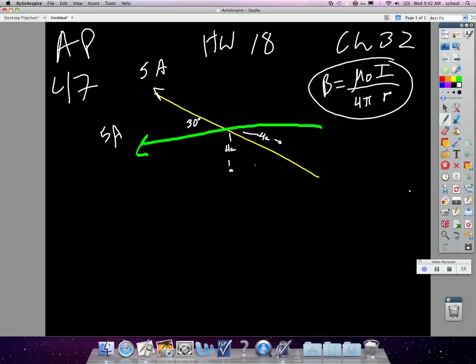So this has to be equally distant from both wires and the intersection. So from here to here, and then the distance from there and there, that has to be the same. And then this distance over here, from here and down to here, has to be the same.